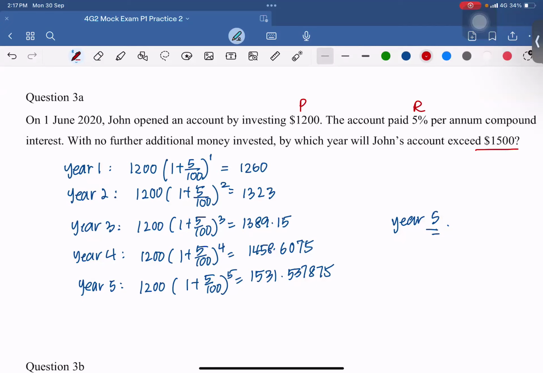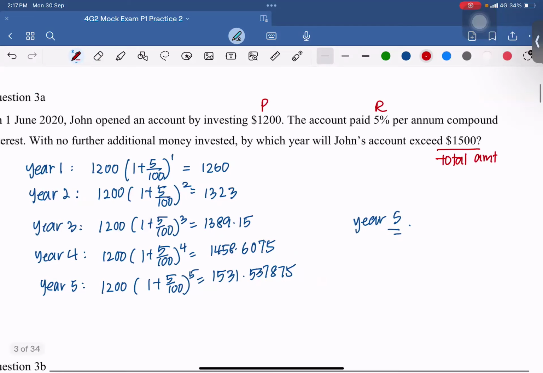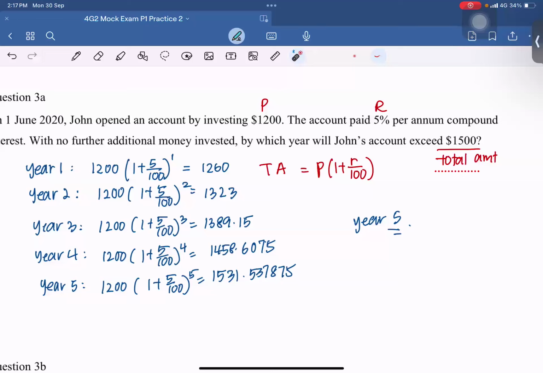And they tell me this one exceeds $1,500. This is my total amount. So in my formula, I know you always don't like to write formula. You only put 1 plus R over 100. But remember, this thing is called total amount equal to, remember the one in front.